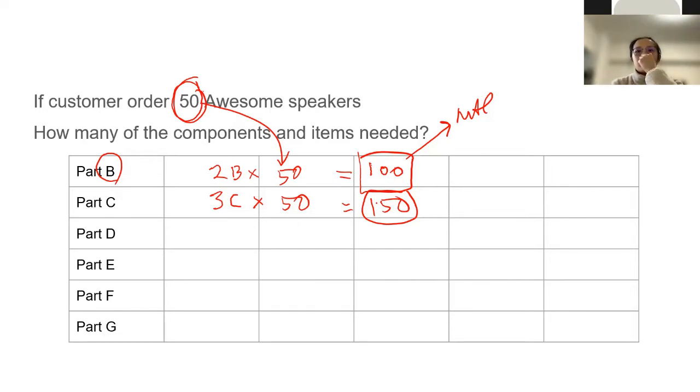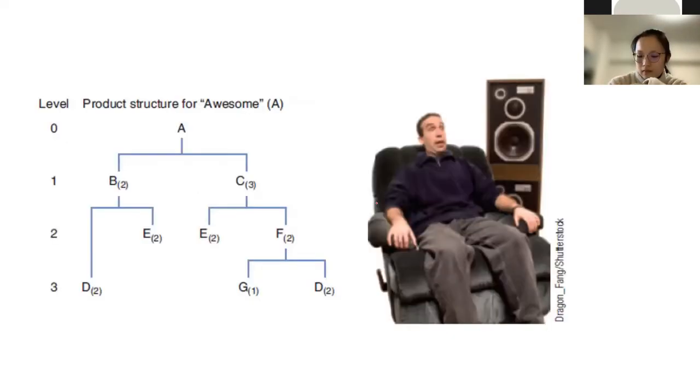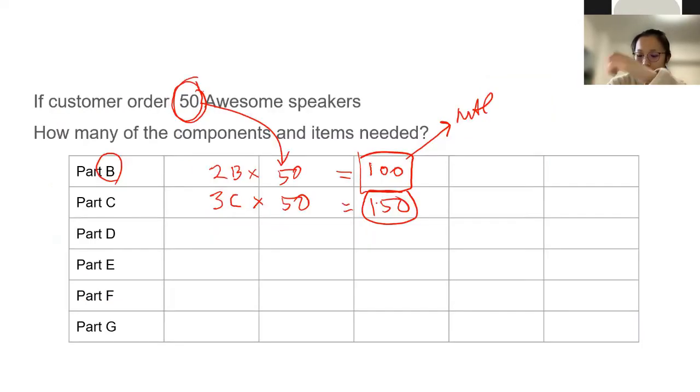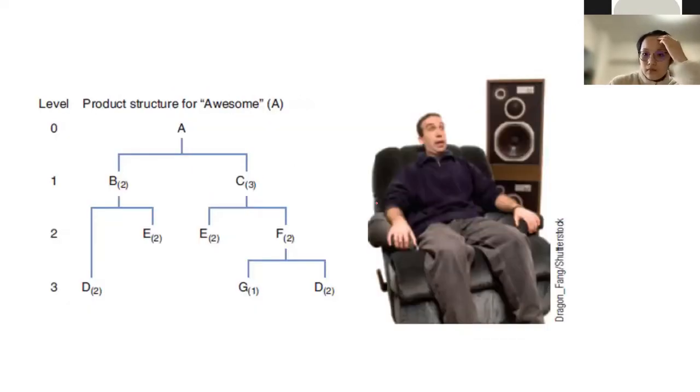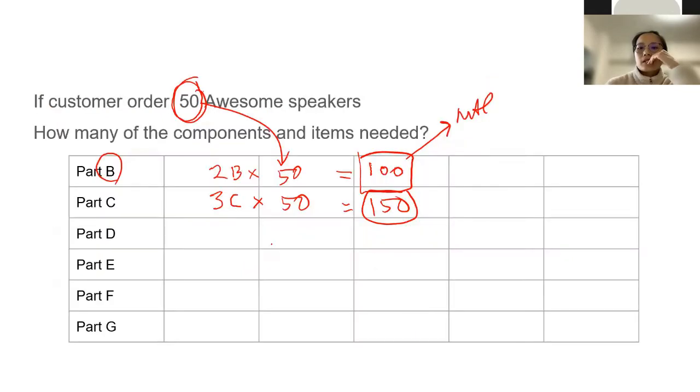So now we are calculating the requirements. Let's do F first. How many Fs are required? You know you require 150 Cs. Okay, how many? 300. How do you get 300?